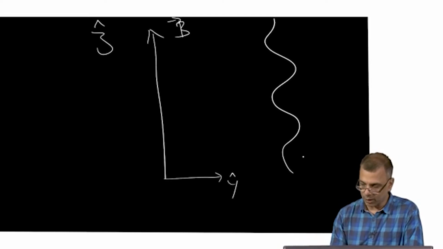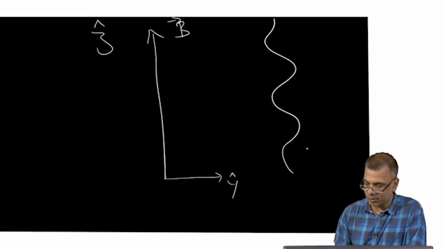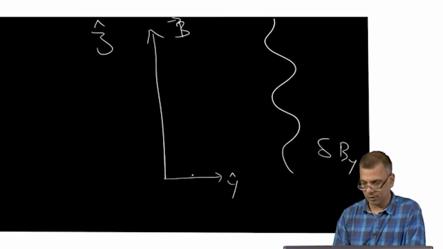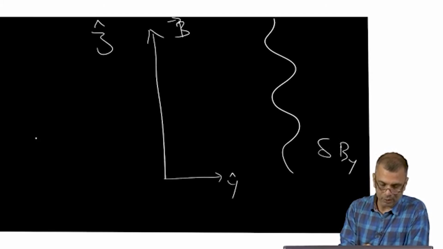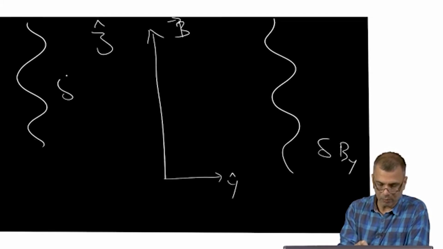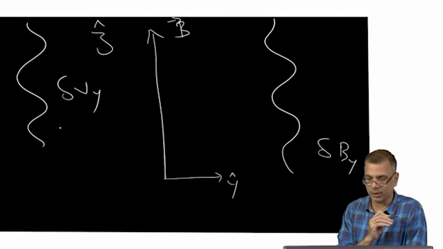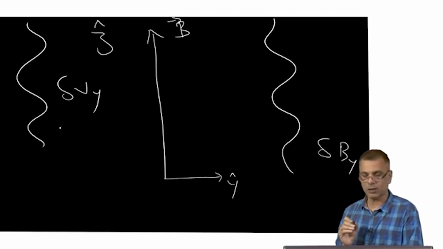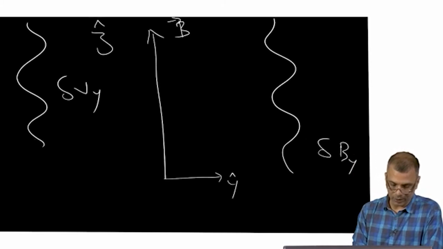So this is the y direction, and the magnetic field is perturbed in the y direction, and the velocity is also perturbed in the y direction. So this is the situation that we are considering. In other words, transverse perturbations.